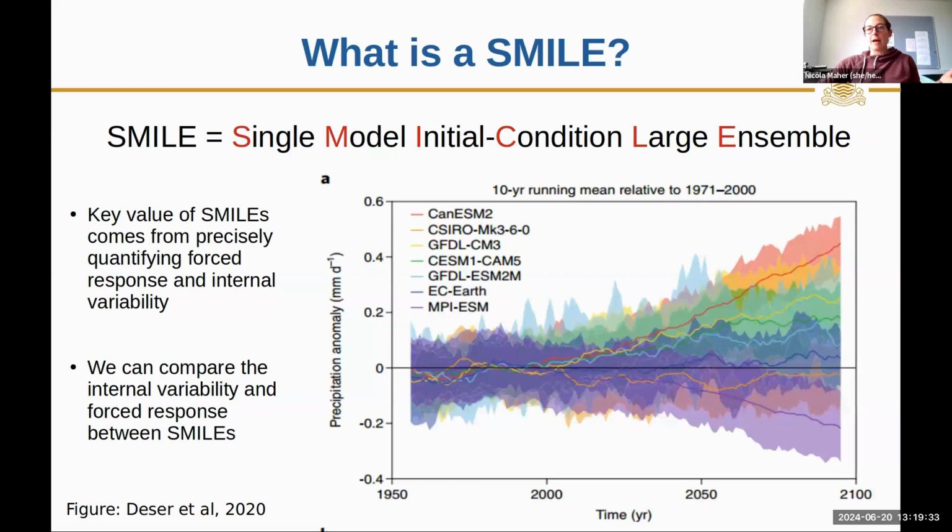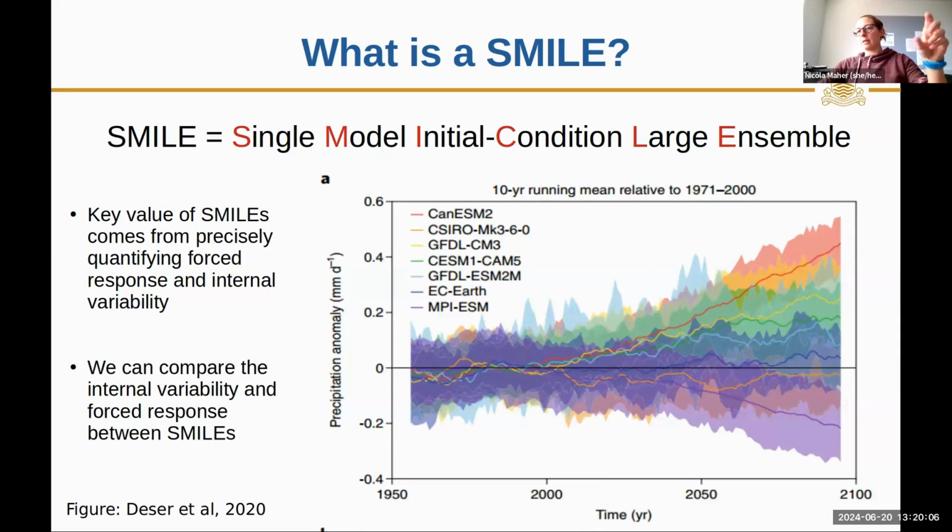And so what you get from that is a range of evolutions of the climate model that are really only different because of internal climate variability. And you can see that on the plot here. You can see a bunch of different SMILES for precipitation anomalies over the Colorado River Basin, and each solid line is the mean across the ensemble, which gives us an estimate of the forced response to climate change or increasing greenhouse gases.